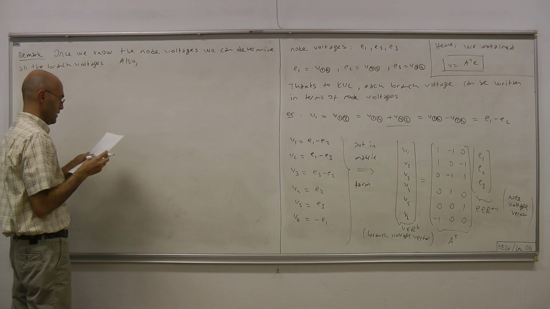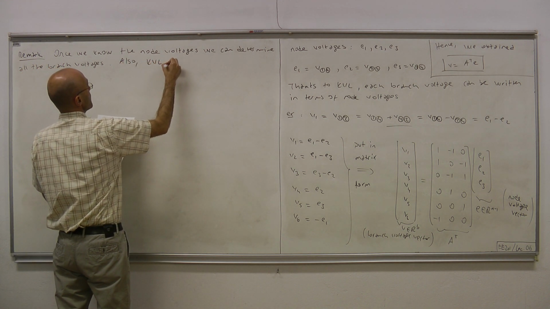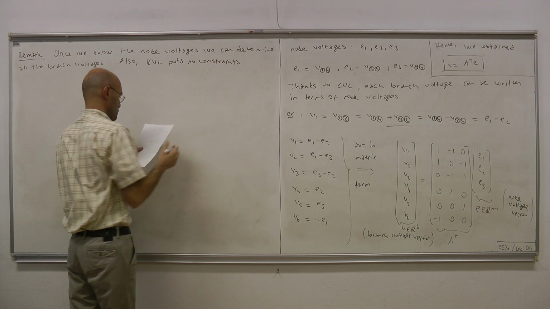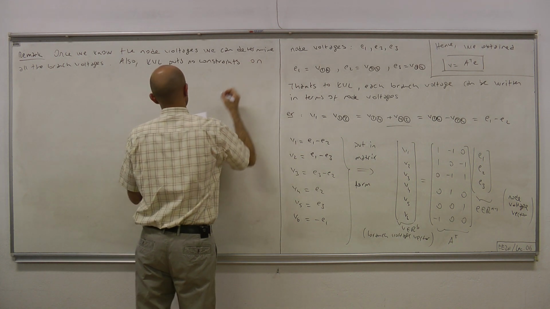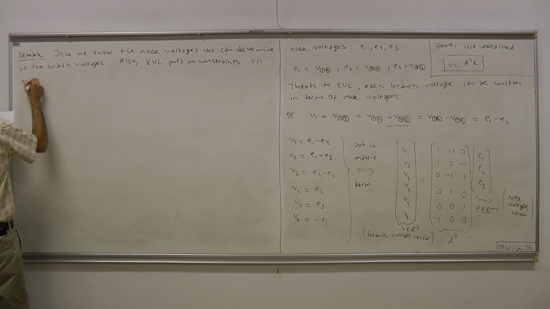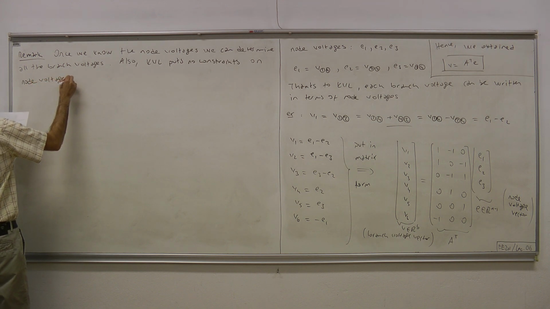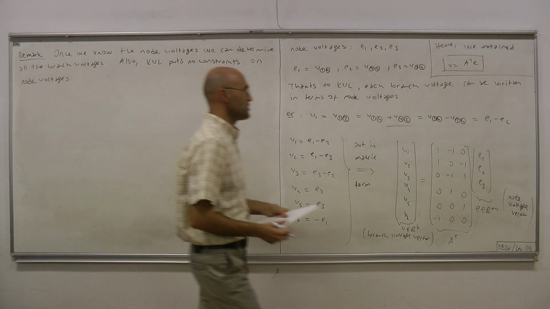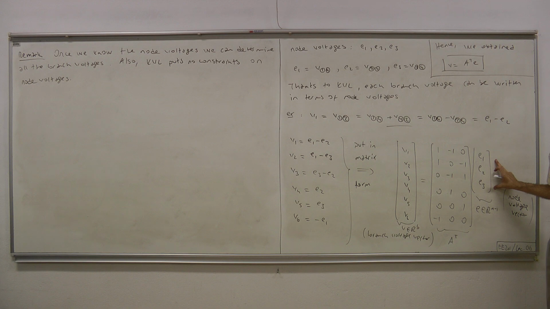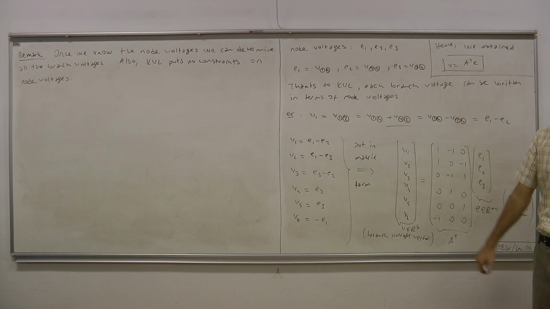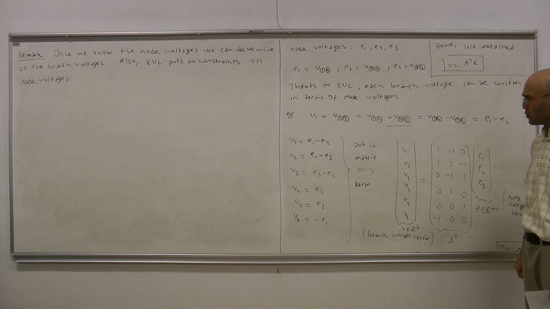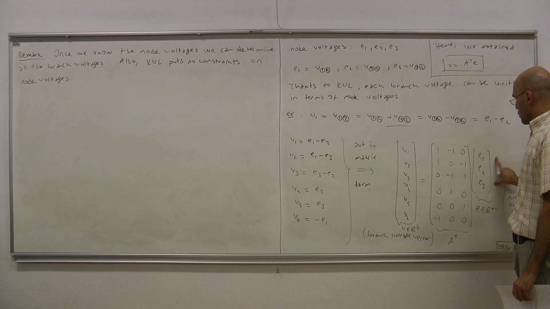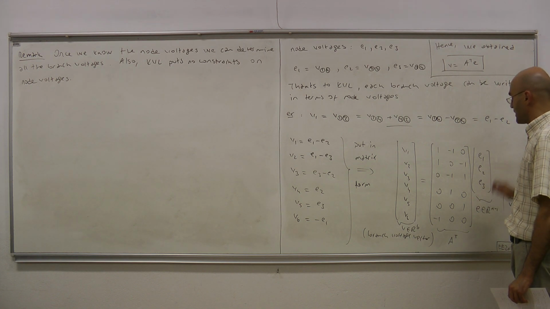So, KVL puts no constraints on node voltages. By which I mean you give me any node voltages, any trio, for instance, for this example, and I can always construct a circuit whose graph is the graph that we study, for which the node voltages equal the set that you gave me.